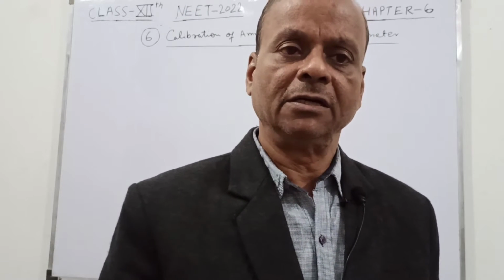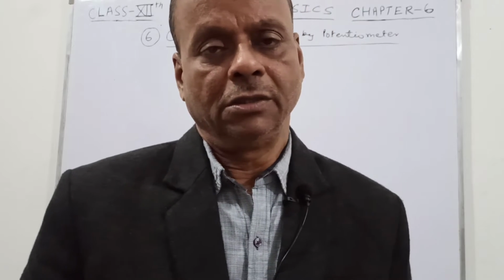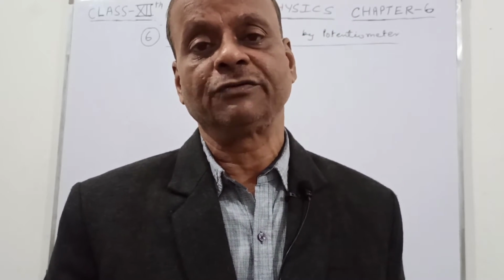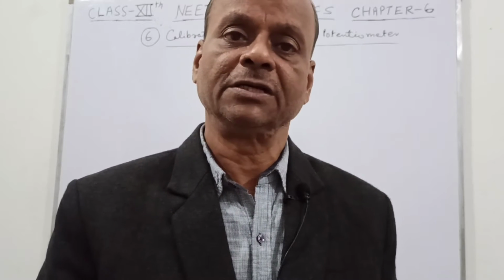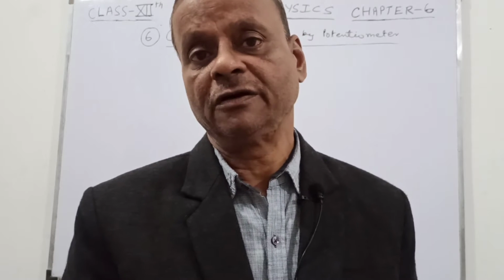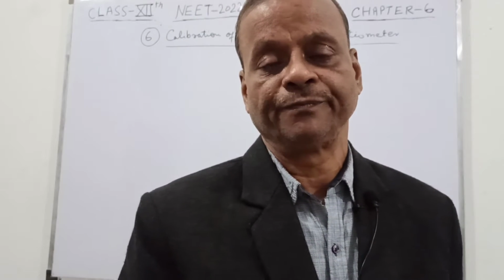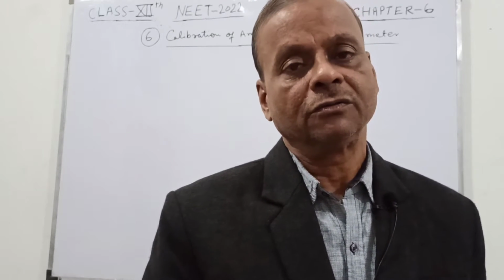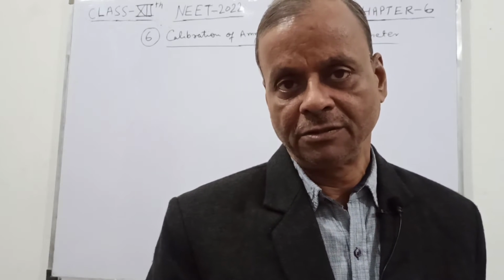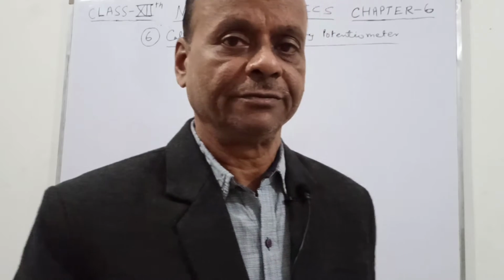So any two questions, two parts in a single question may be set, or this may be the complete question of 4 marks or complete question of 3 marks also. So now let us take the calibration of ammeter by potentiometer.